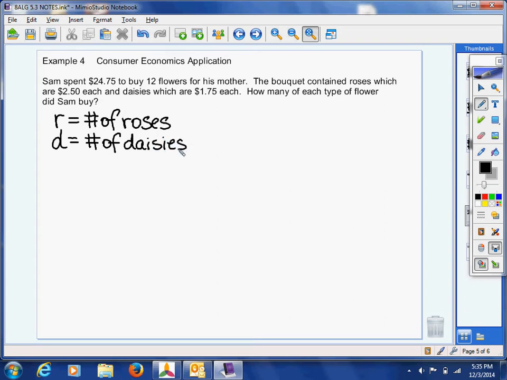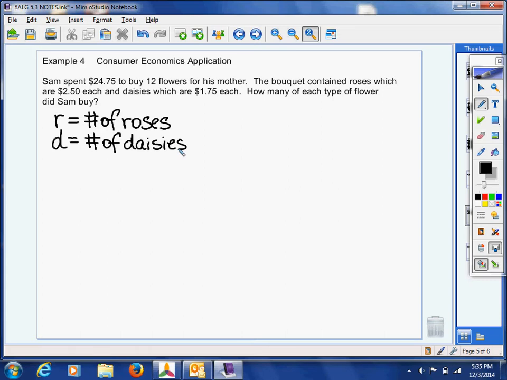Now, what may be a little difficult to understand is that with this type of problem, believe it or not, you can create a system of equations. Yes, there are actually two equations that you can write for this, and they both will be in standard form.